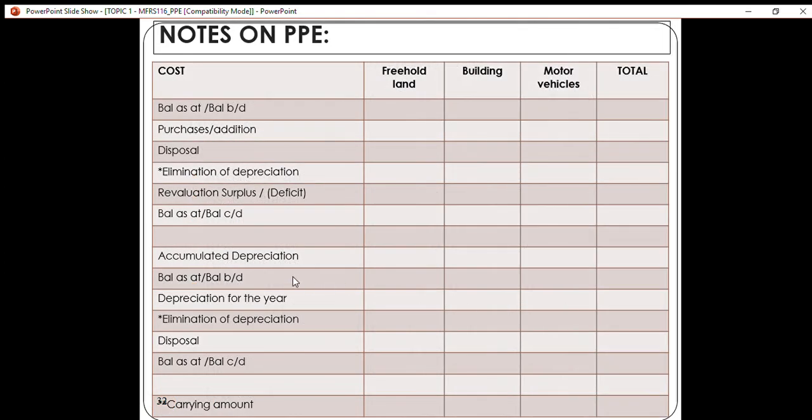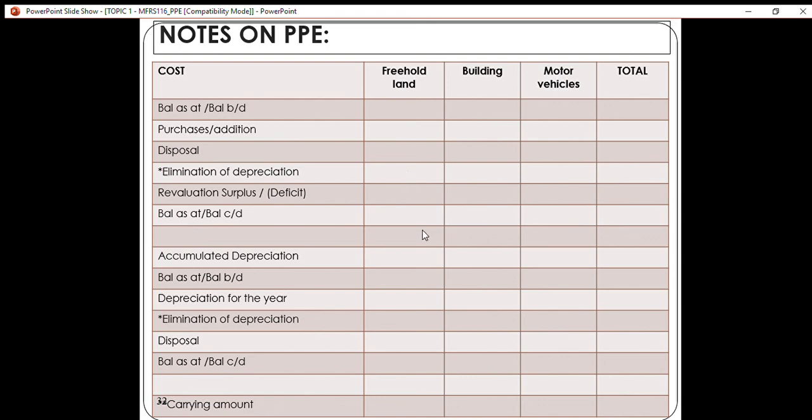This is the template for notes on PPE. You have to include this note when you prepare the financial statements.